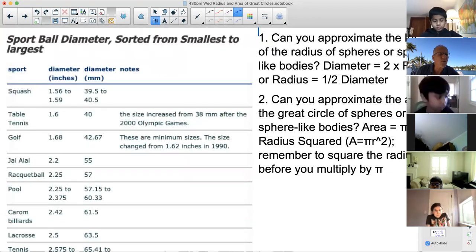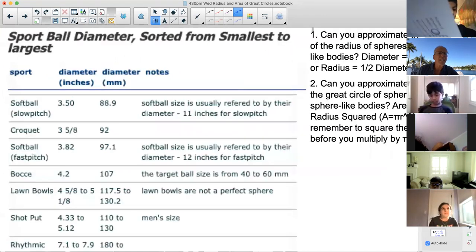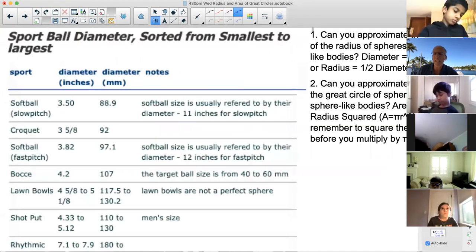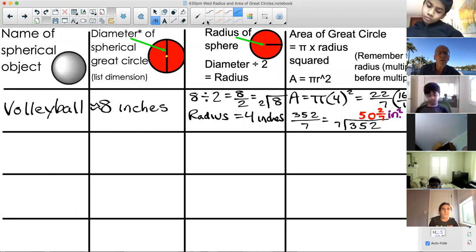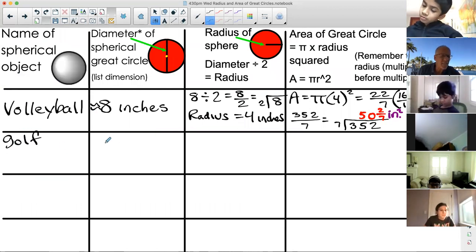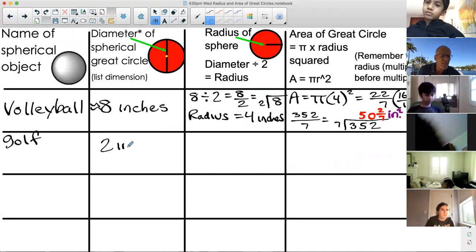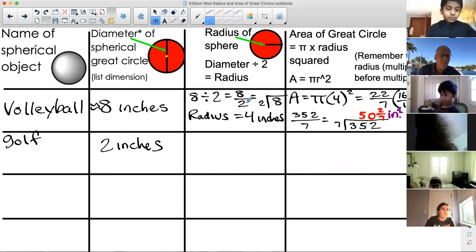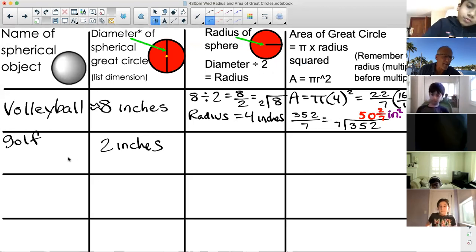Let's choose a golf ball. Okay, now a golf ball is approximately 2 inches in diameter. It's a little smaller than that.